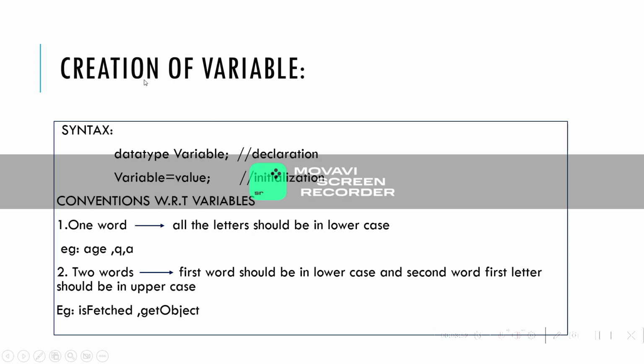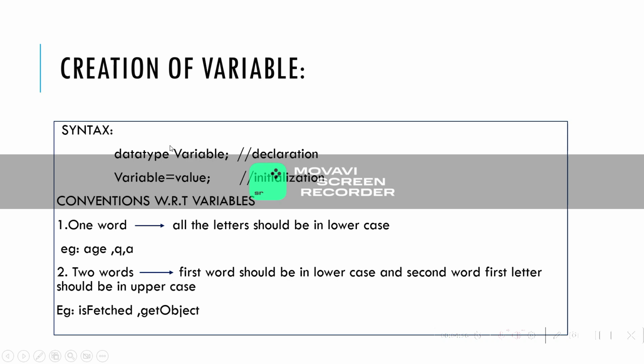Let us see the creation of variables. For everything we have in Java, we have a syntax, right? The syntax for that is data type variable name, variable equal to value. I will tell you what a data type is.